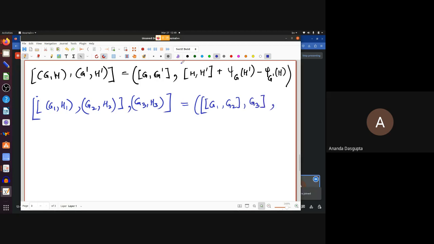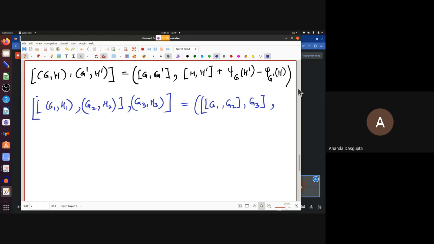And for the first term, we should really have nothing special to do. It's basically going to obey the Jacobi identity on its own. If I were to cyclically permute 1, 2, 3 in these three terms and add them together, I would simply get a cyclic permutation of G1, G2 bracket with G3 bracket. And you add them together, of course, it's 0. That's a standard Jacobi identity property for Lie algebra small h.